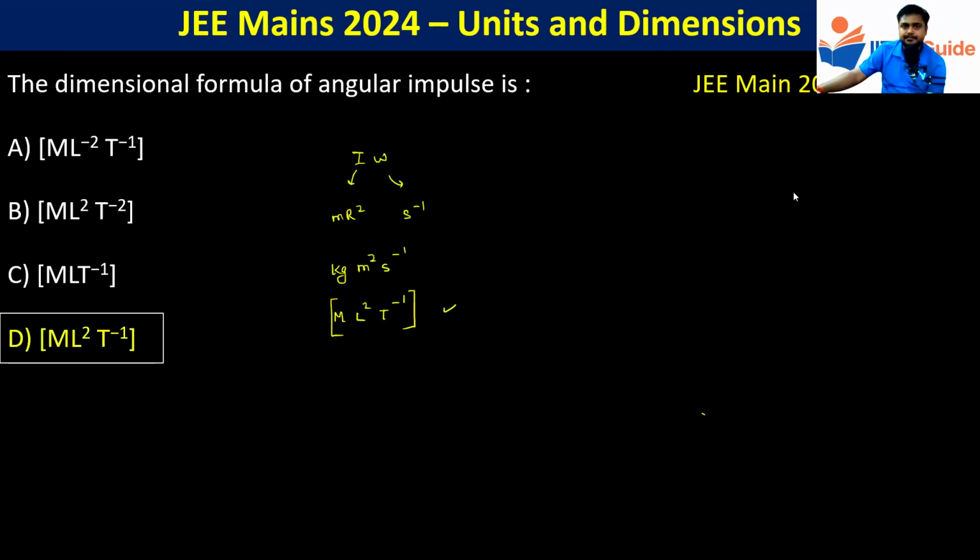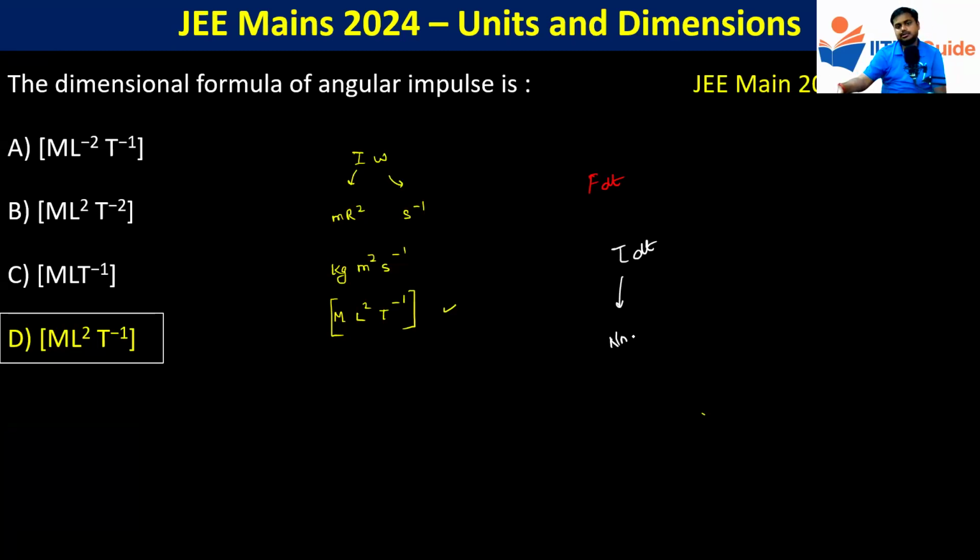It's D. So angular impulse will be I omega, or we can also do torque into time. Just like impulse is F dt, similarly this is torque dt.